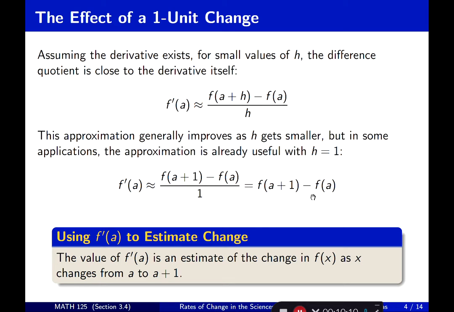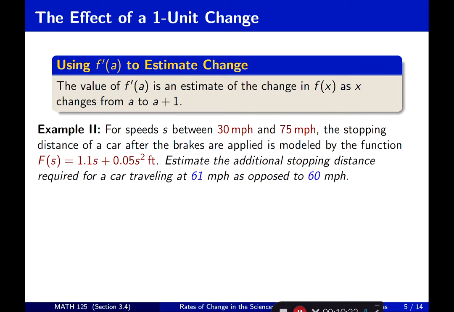So using f prime of a to estimate change: the value of f prime of a is an estimate of the change in f of x as x changes from a to a plus 1. Now, example 1.